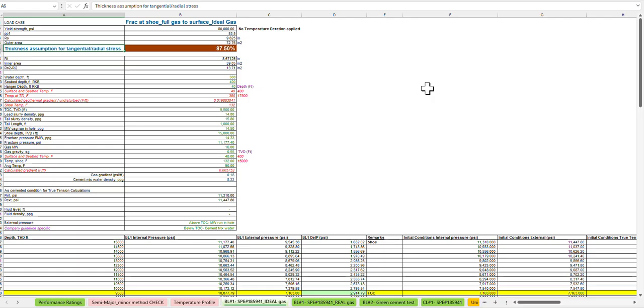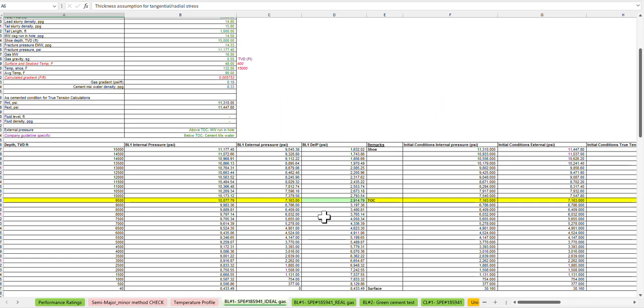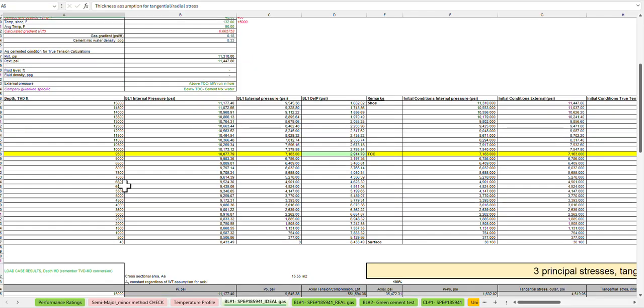So first I have done this assuming that the gas was an ideal gas. So let's start with this. I just want to talk about the structure, how the triaxial stress is calculated on the tab, and then we can go quickly to the design limit below. So you have the depths, okay.